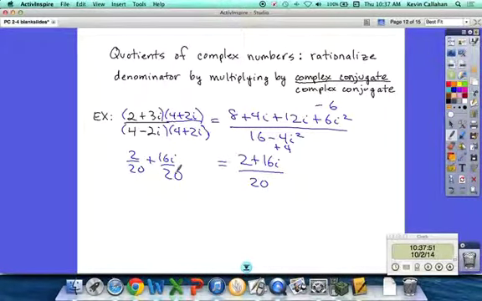This will be the a plus bi: 1 over 10 plus 4 over 5 times i. Good.